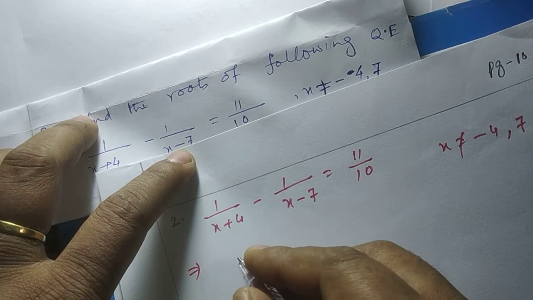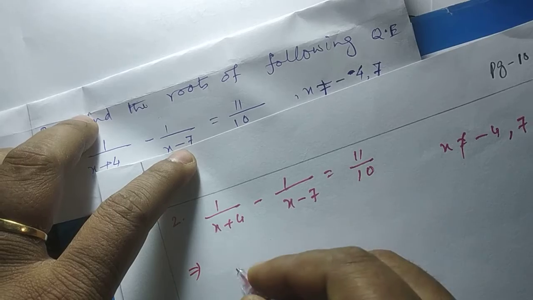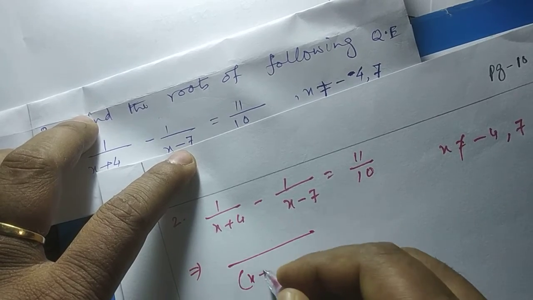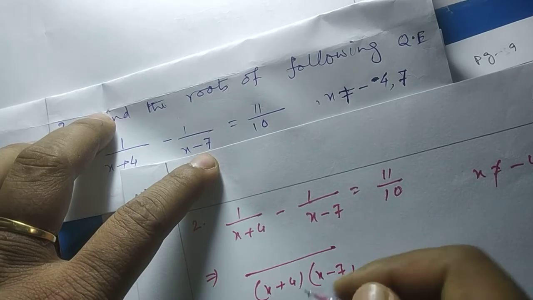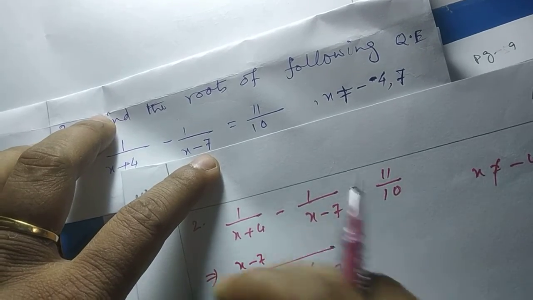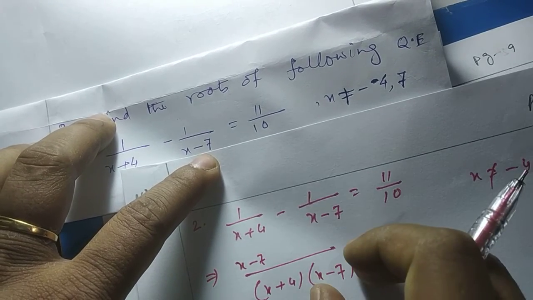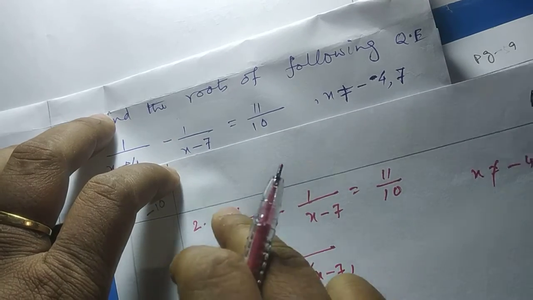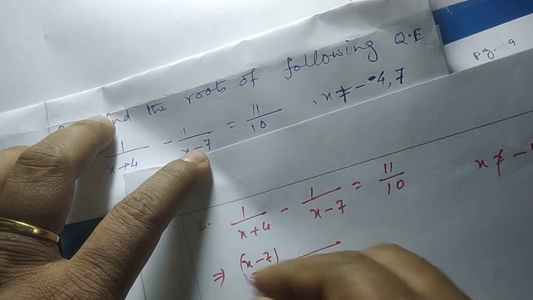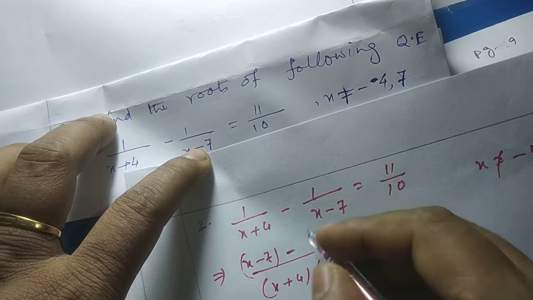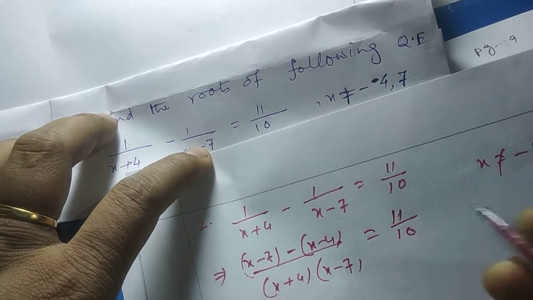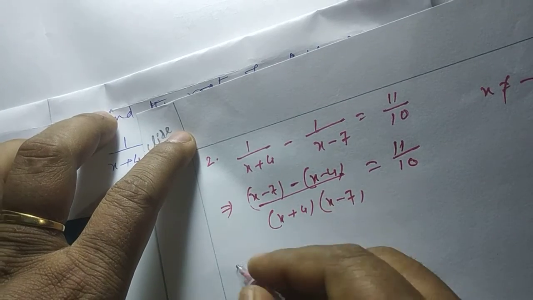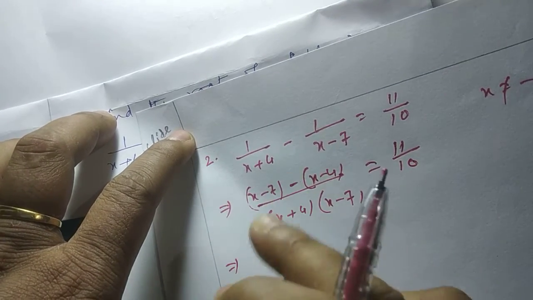Now on the left hand side we have to do the subtraction. Here the LCM will be (x plus 4)(x minus 7). On the numerator it will be x minus 7, because it will be divided, and this one will be multiplied with 1, minus (x plus 4), correct? On the right hand side, 11 by 10 as it is. Very easy thing we have understood in class 8 or 9.